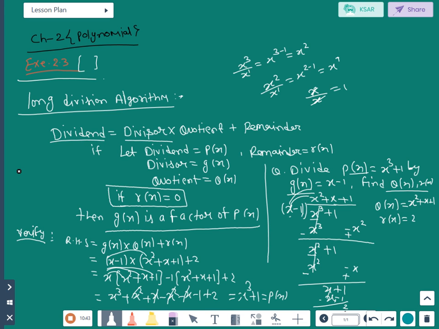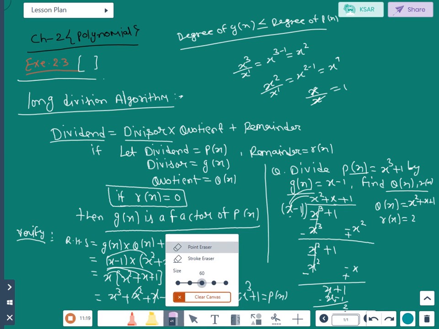Okay, so always the degree of g of x is lesser than or equal to the degree of p of x, या तो क्या होगी इसके इक्वल होगी या फिर उससे स्मॉलर होगी, then we can perform the division. Understand students?